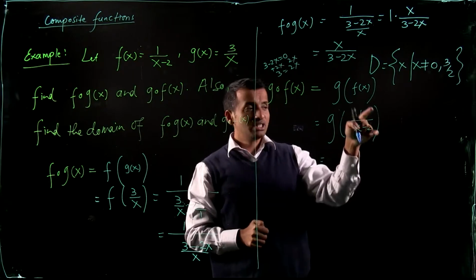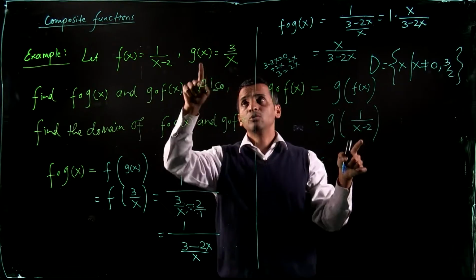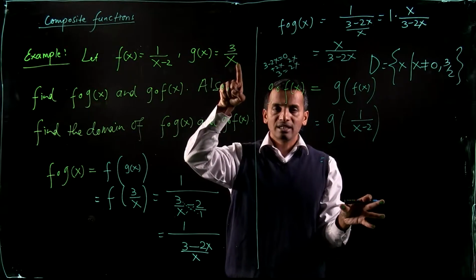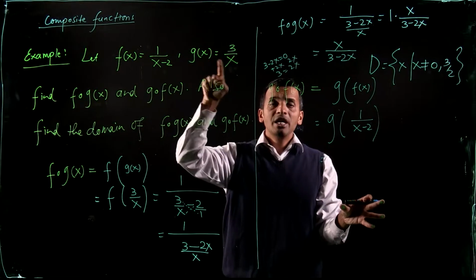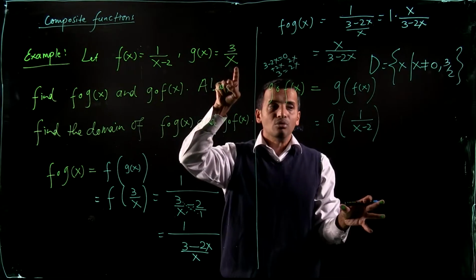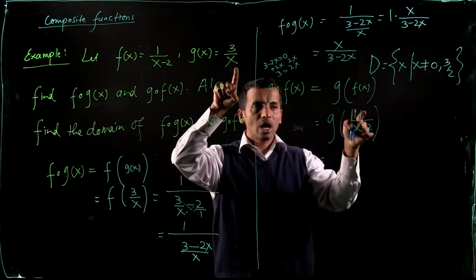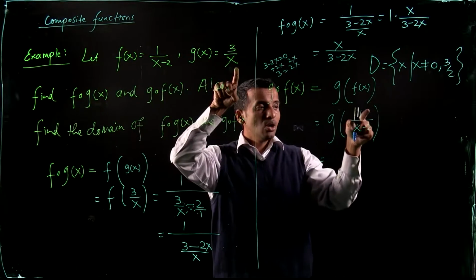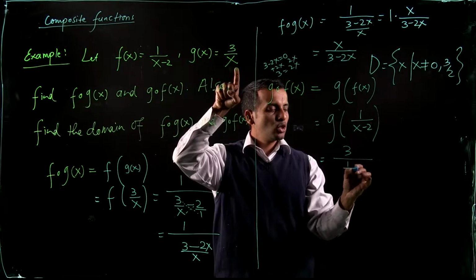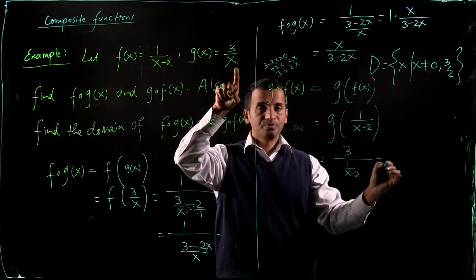Now what does g do? So the input for g is 1 over x minus 2. If there is x in g, then the output will be 3 over x. Whatever input you have, you divide 3 by that input, right? So here our input is 1 over x minus 2. So what you do is 3 over 1 over x minus 2.